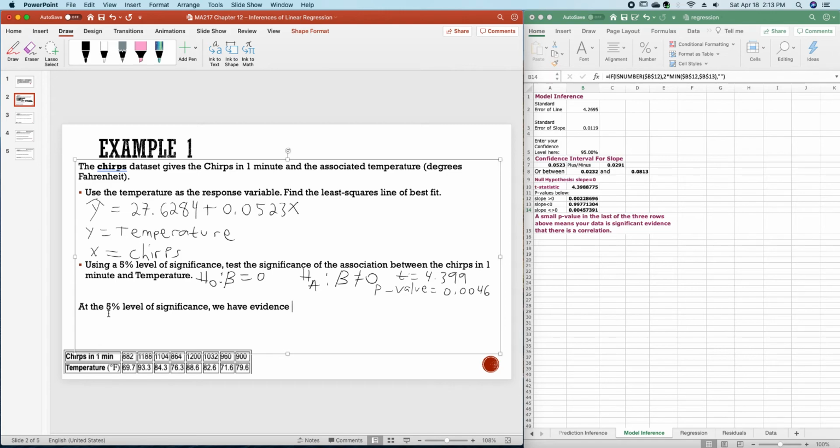We have evidence to suggest that the linear association between chirps per minute and temperature is significant. Meaning, again, we have evidence to suggest that the slope is not 0 in this case.